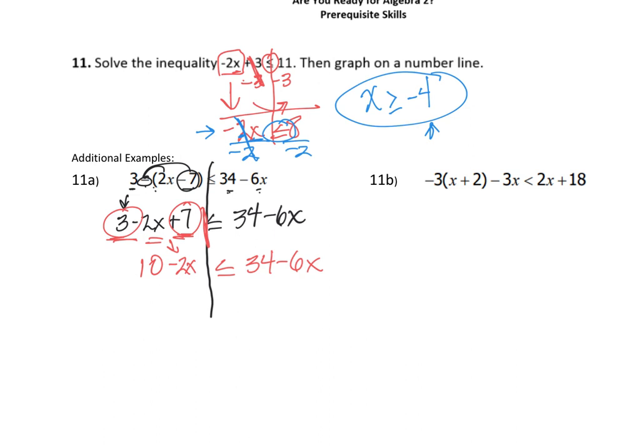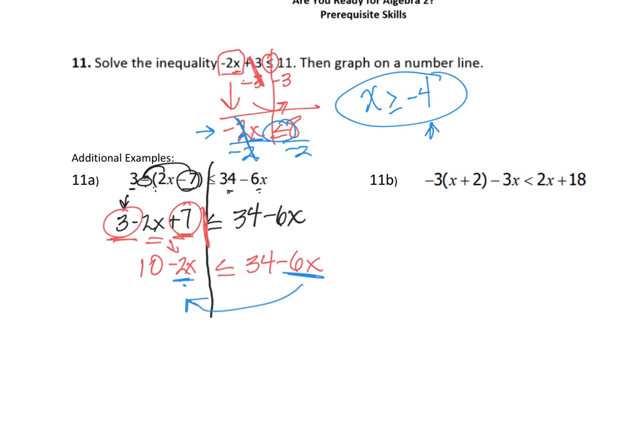So now we're to the point where we need to get x's on one side of that line and constants on the opposite side of the line. And inequalities should always be solved with x on the left, even if that makes it negative. So I want to identify my x variables. I won't need them all on this left side. So that means this -6x needs to come over to this side over here.